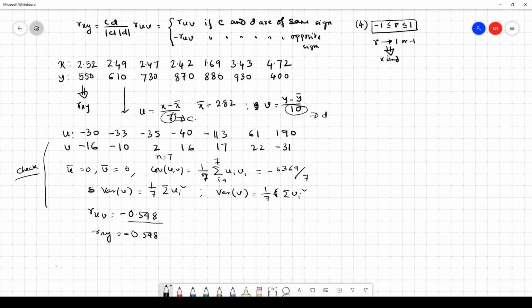y dash. What is the value of y dash taken? Shashwat, I cannot understand your question. Y dash means what? Actually, y dash is what I defined in the previous class as the change of origin. So y dash is y minus y bar.